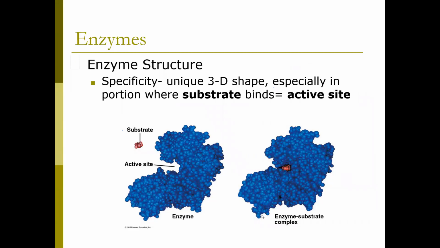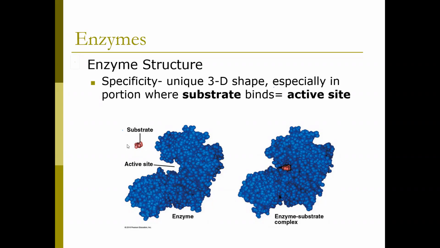So how does it do that? Well, it has to do with the structure of the enzyme. Enzymes have a structure that is very specific to receive a certain substrate. If we take a look at our diagram of our enzyme, the enzyme structure has what is called an active site.